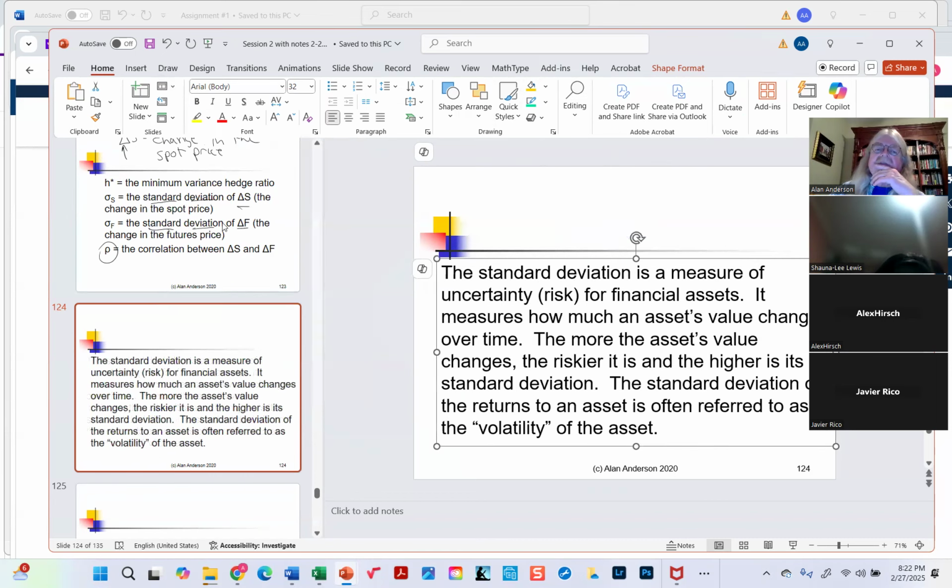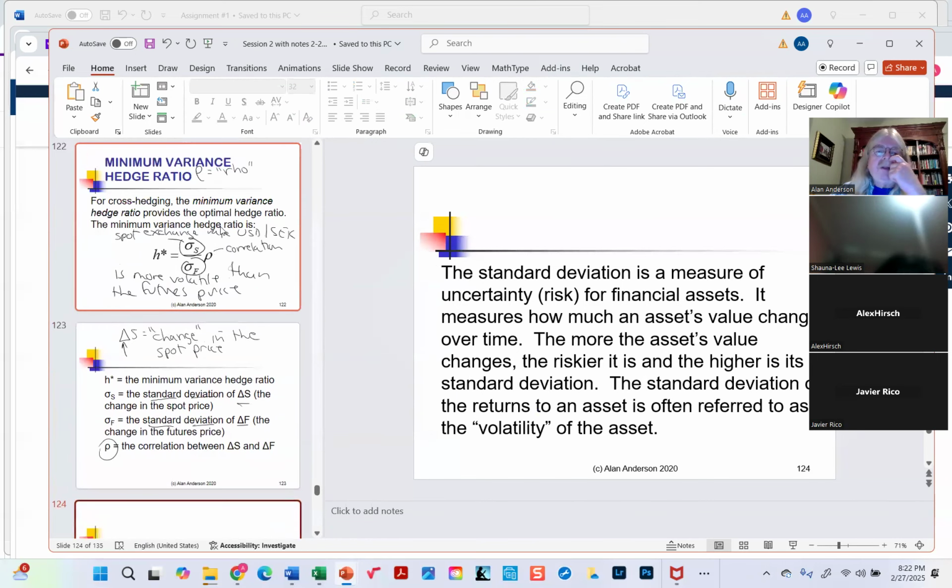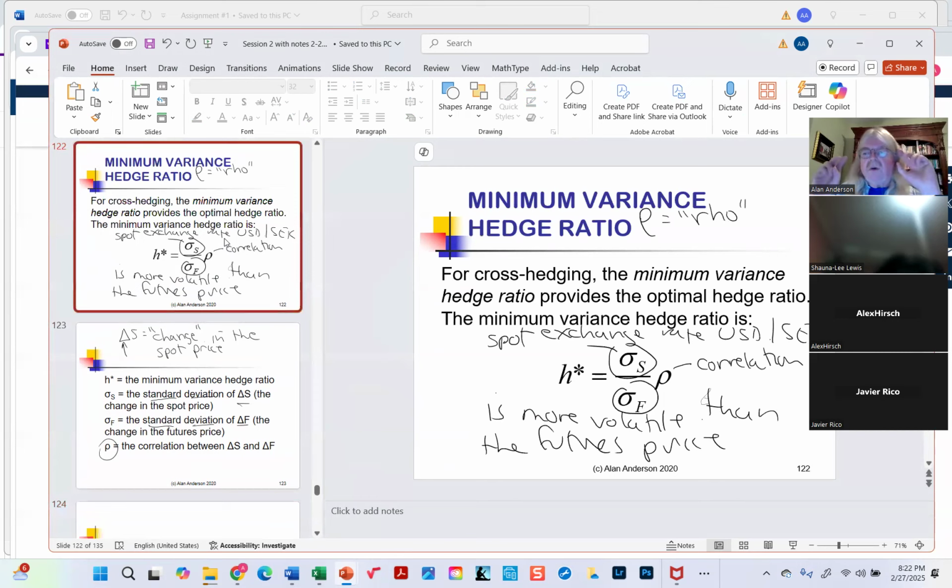So what's happening here with this measure, this ratio, H star, the star means this is the quote optimal ratio because it minimizes the risk of the position. It is the ratio of, and now imagine, for example, you're hedging the exposure to the Swedish kroner using a euro futures contract.